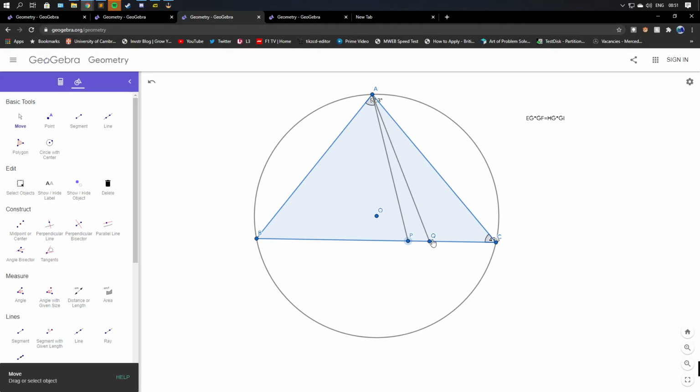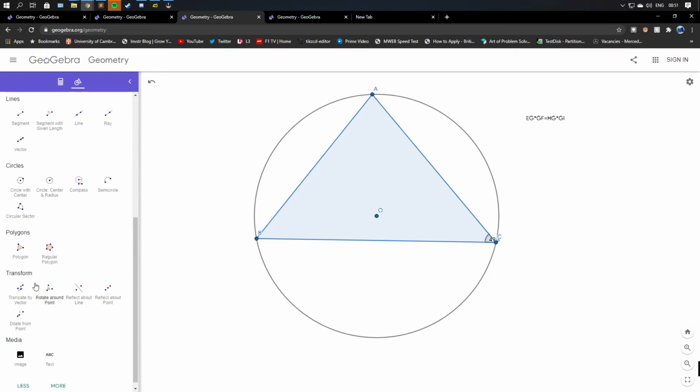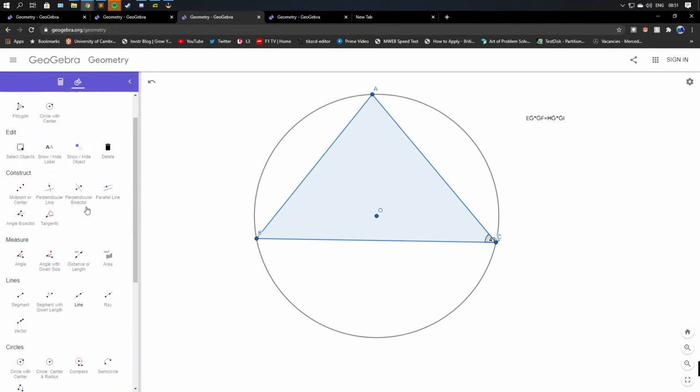So if we then get rid of these, we can come up with a really good way to create a nice accurate diagram, if I can find my damn tools.